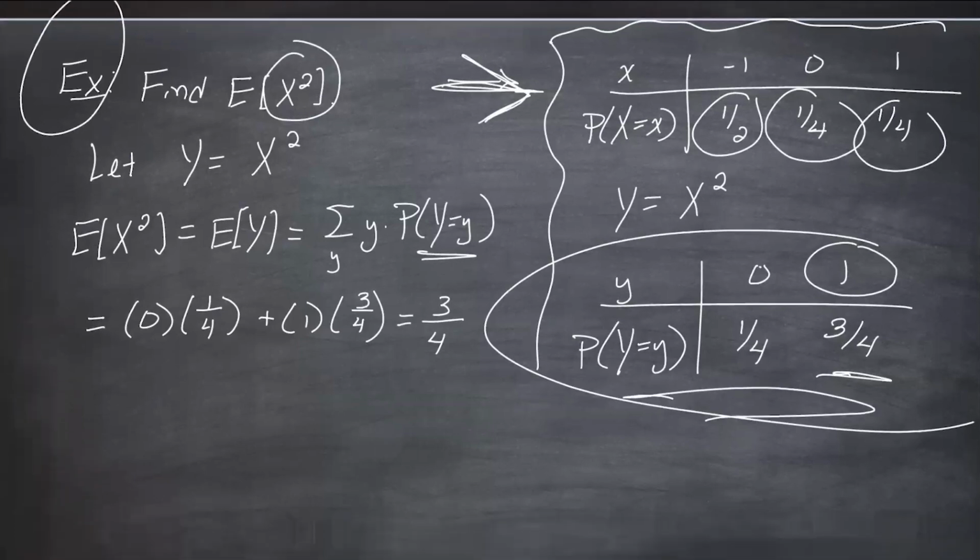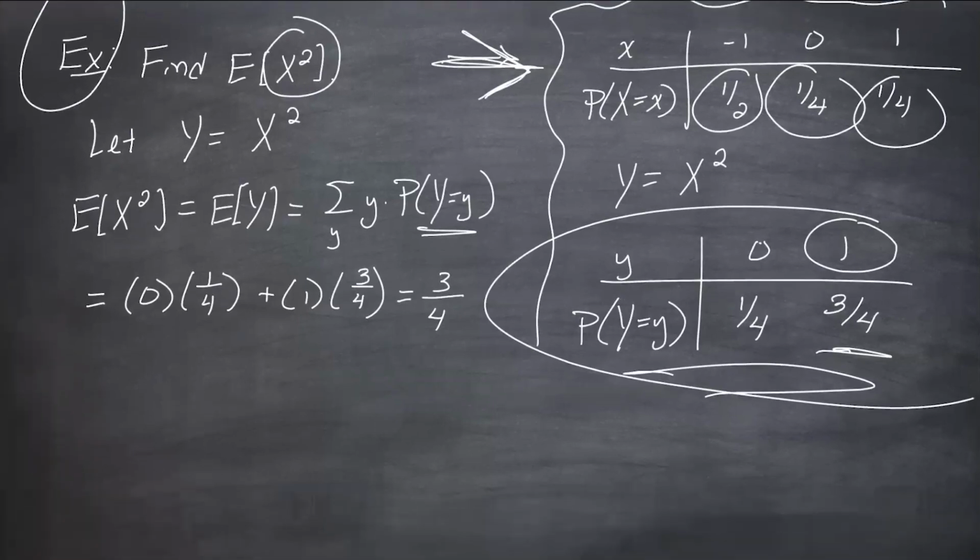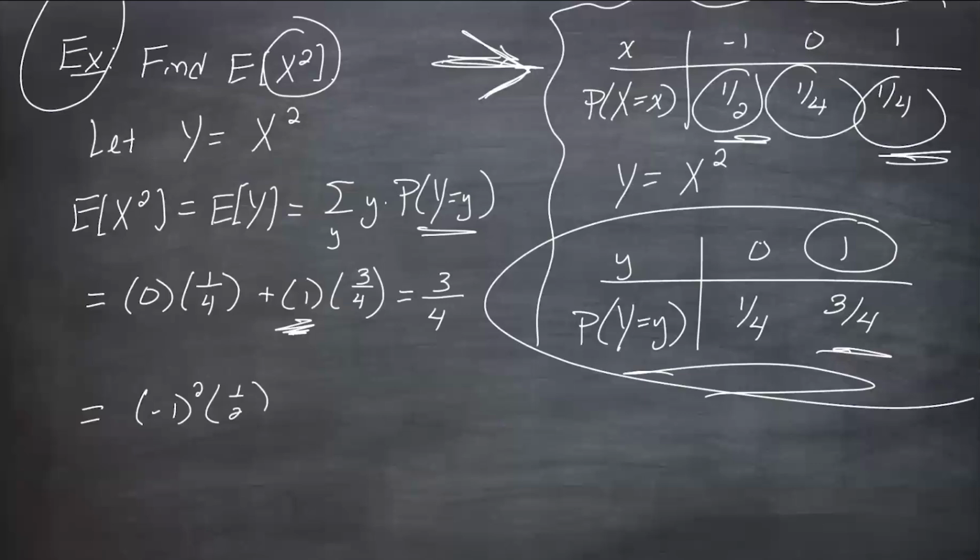But this turns out to be exactly the same as taking the value -1 squared times 1/2, plus 0 squared times 1/4, plus 1 squared times 1/4, and we end up with 3/4.